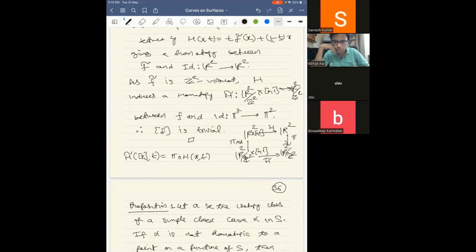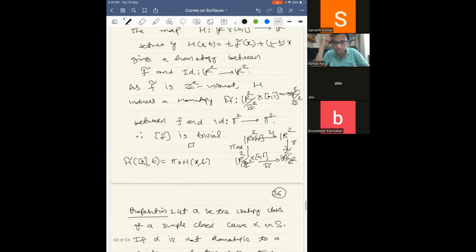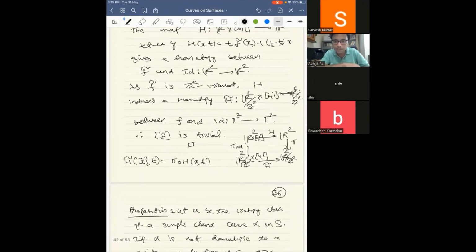Then we have to look at the definition of HXT, how we have defined it. You have just defined this straight line homotopy, right? So then F tilde is Z2 invariant, it is fine.